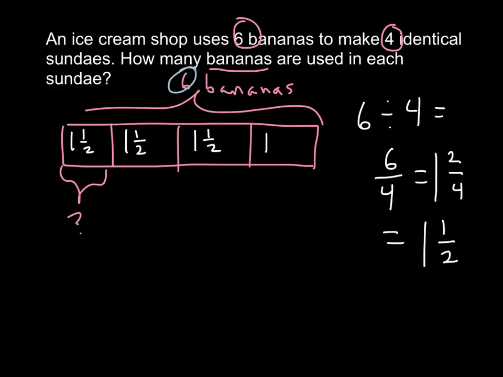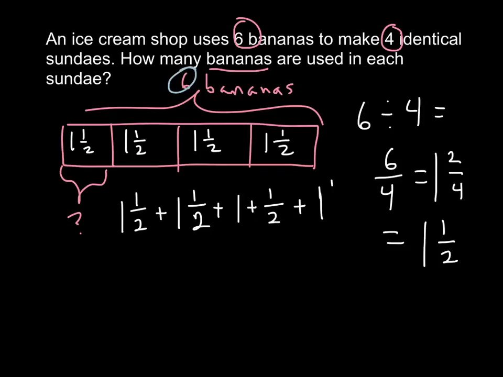in each sundae. And I'm going to do a check by taking 1 1/2 and adding it 4 times. And 1 plus 1 plus 1 plus 1, of course, is 4. So when I add my whole numbers, I get 4, and 1/2 plus 1/2 is 1, another 1/2 plus 1/2 is another 1.